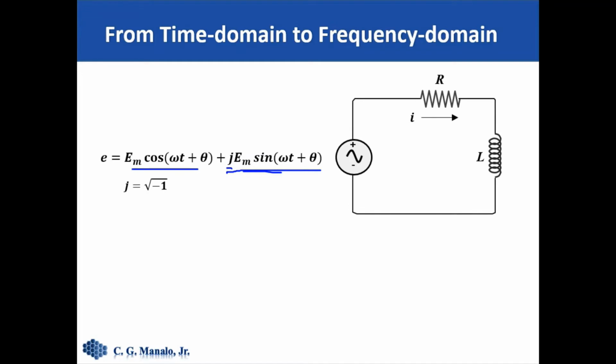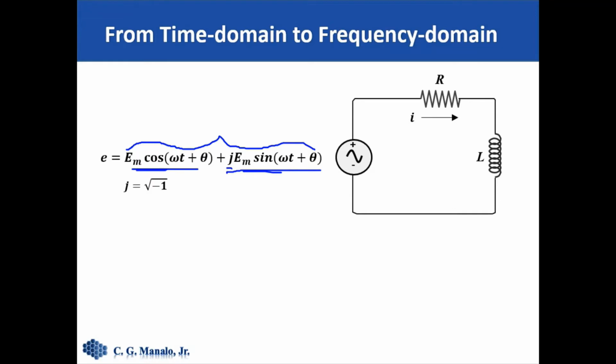So overall, what I'm trying to apply on the circuit is really a voltage that is a complex voltage because it consists of a real source and an imaginary source. So combining them together, that makes a complex source.